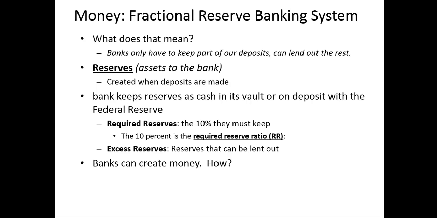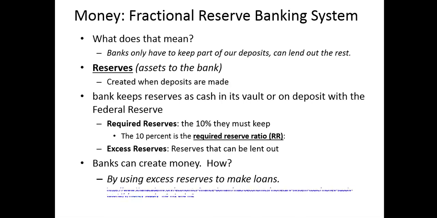How do banks literally, like magic, create money? Well, by doing what I was just describing, by using the excess reserves, the amount of the money you put in the bank that they don't have to hold on to, to make loans. Okay, and Khan Academy goes over, it's kind of funny, I have a link to a video basically doing the same kind of thing that I'm now doing with these slides.